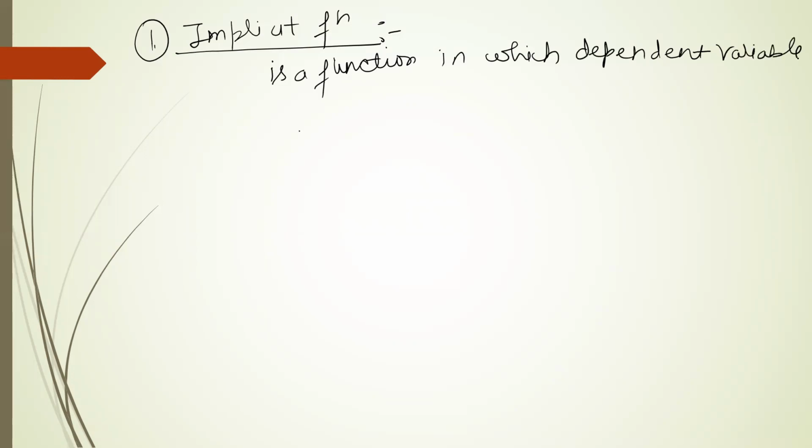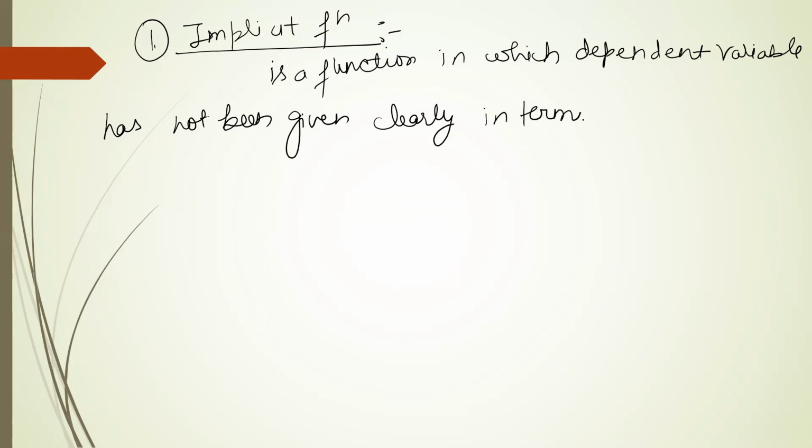It is a function in which the dependent variable has not been given clearly in terms of the independent variable.